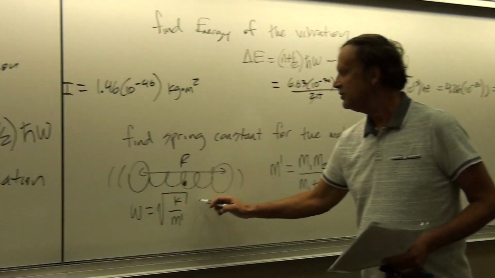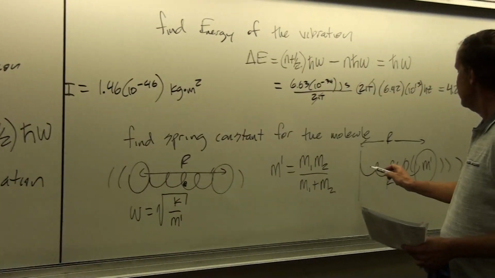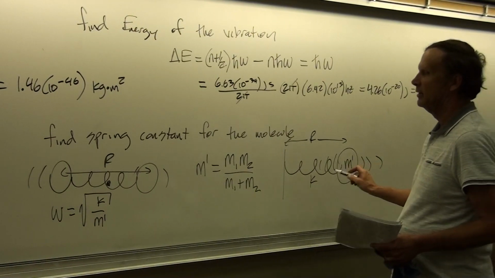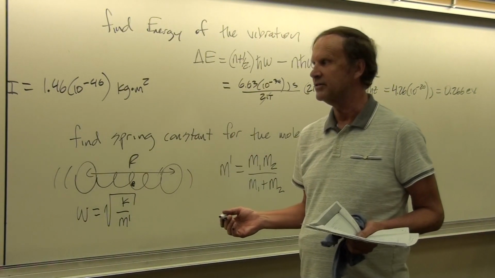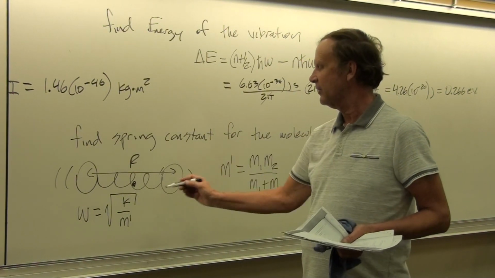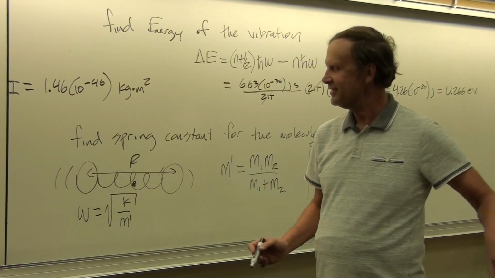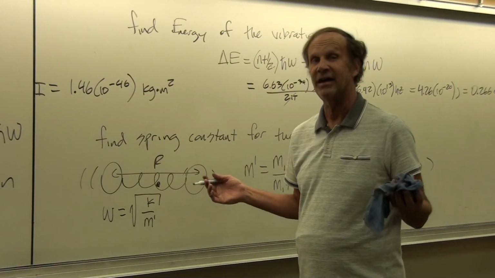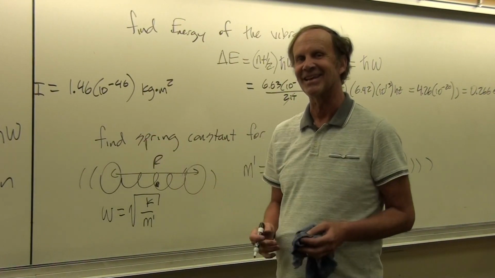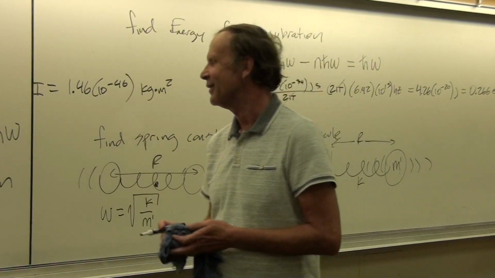So in other words, using this expression, we can treat it as a single mass problem, even though it's two masses that are vibrating around a common center of mass. Okay, so once we've established that, basically the easiest way to remember this is, well, we just have to use reduced mass whenever we're dealing with this, and then we can use the same equations that we were using before.